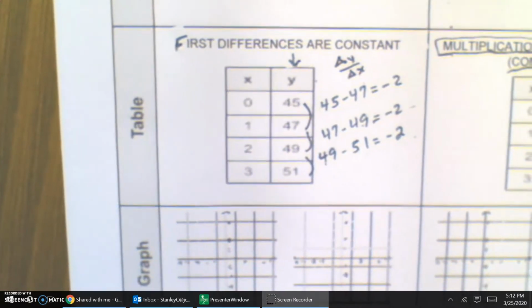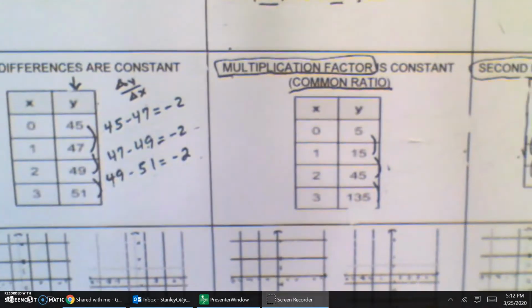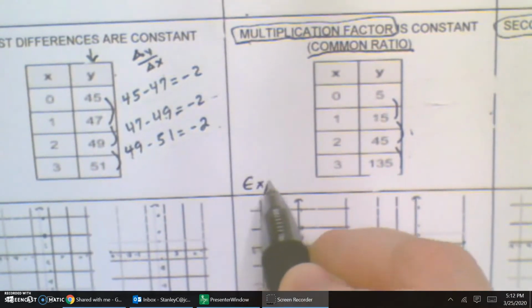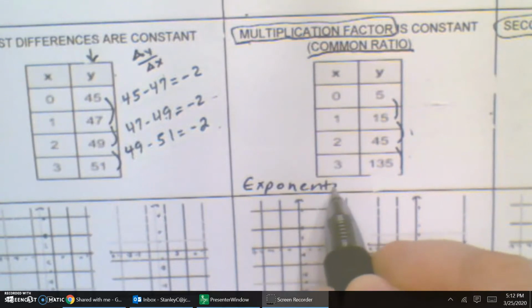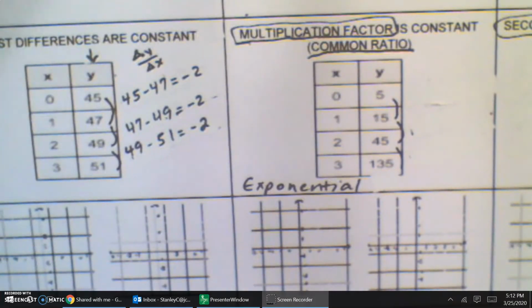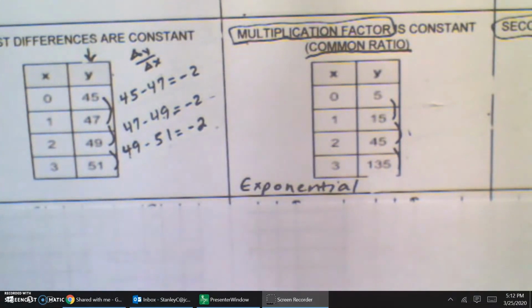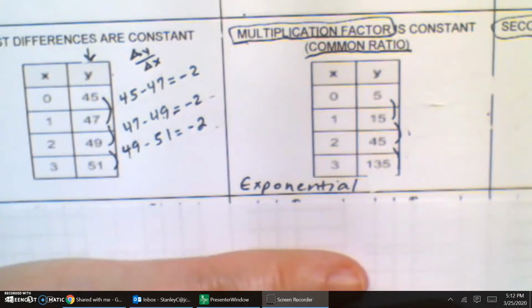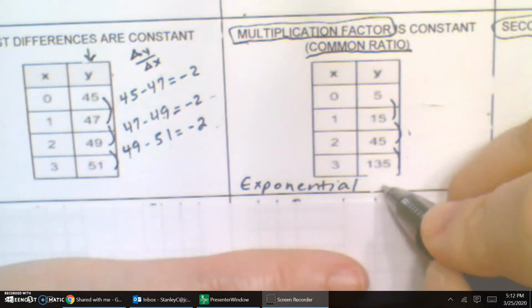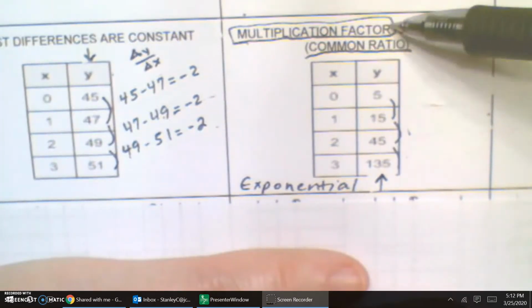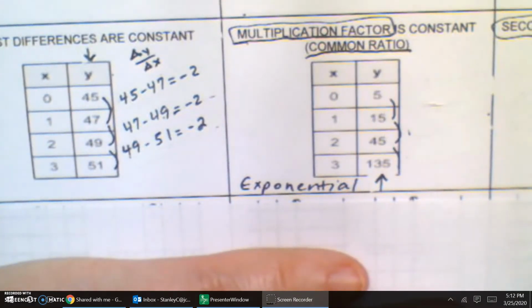Exponential model with a table. So exponential. We want the multiplication factor to be constant. And we've talked about the multiplication factor before, and we've referred to it as the common ratio. To do this, we want the y column, multiplication factor, what we multiply by, to be a constant value.